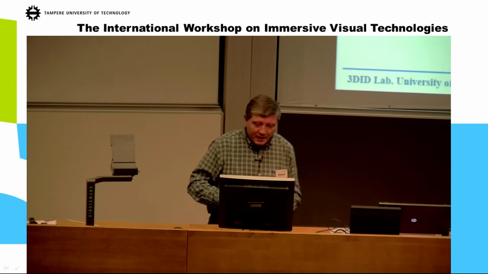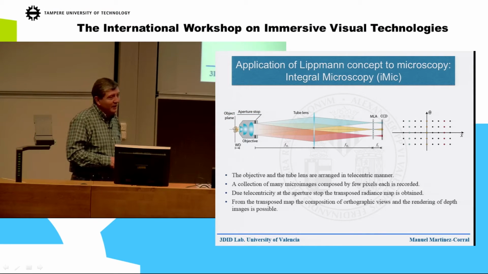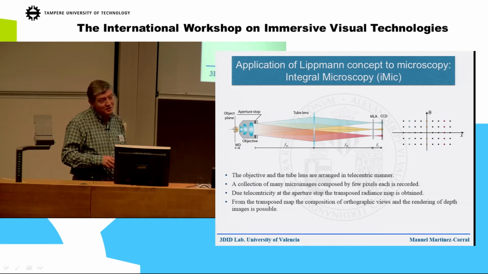So in this sense, the first topic I'm going to face is how to apply this very old Lippmann concept to the application of microscopy. You know that the original idea of Lippmann was obtaining many different perspectives of the same scene by use of a microlens array.